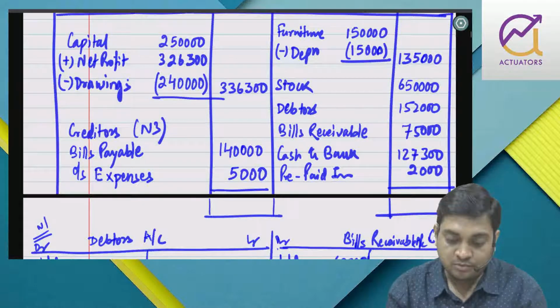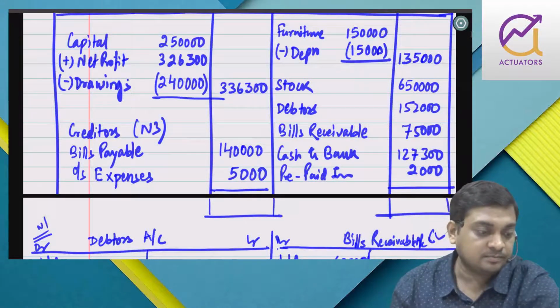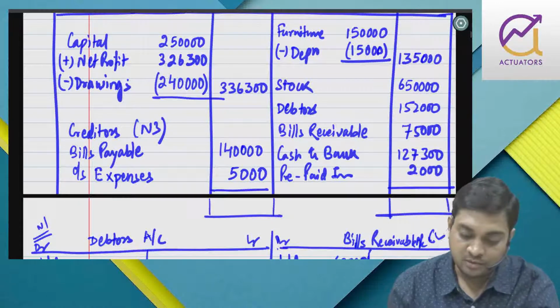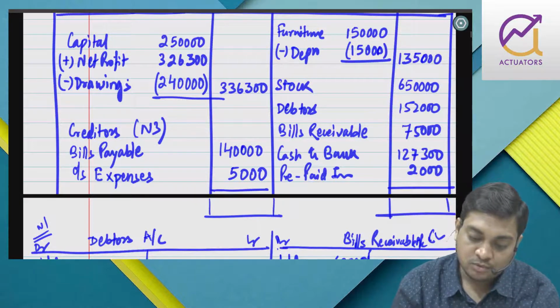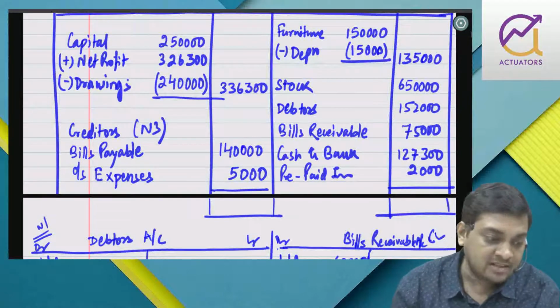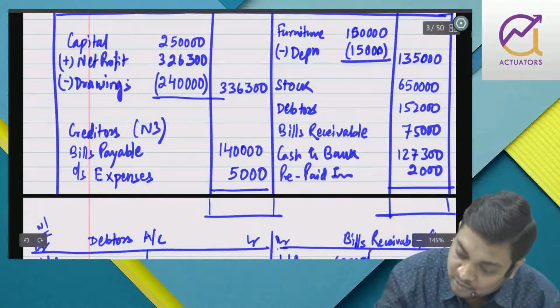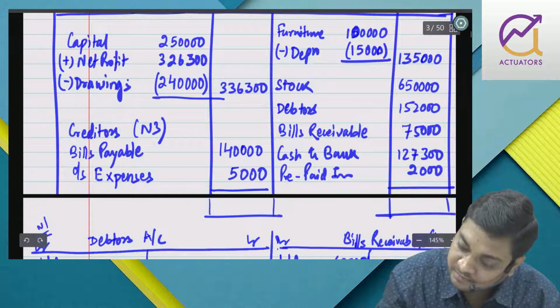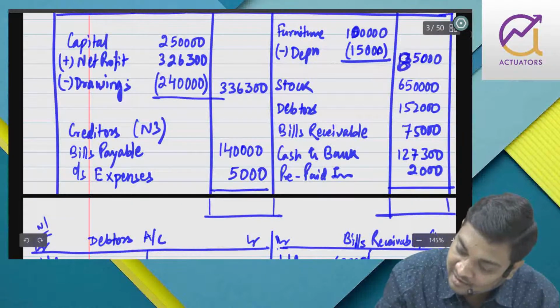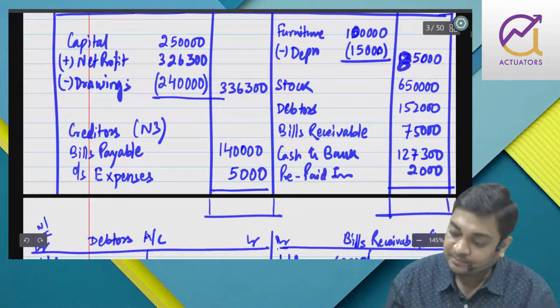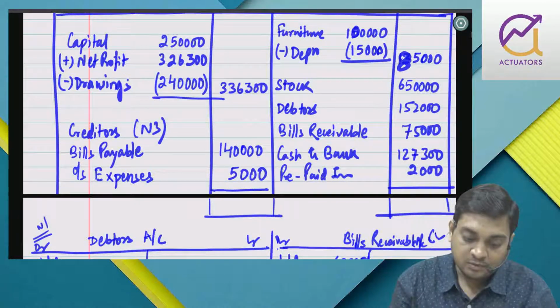152, 75 plus 127, 300 plus 2000, right? Sorry, I made one mistake. It was 1 lakh. So this will be 85,000, so minus.